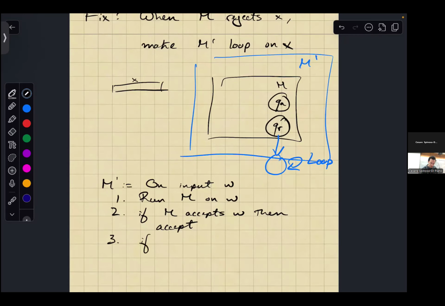If instead M rejects W, then what M prime does is that it goes into an infinite loop. So then loop forever. Okay. So this is the slightly more compact way of representing this.